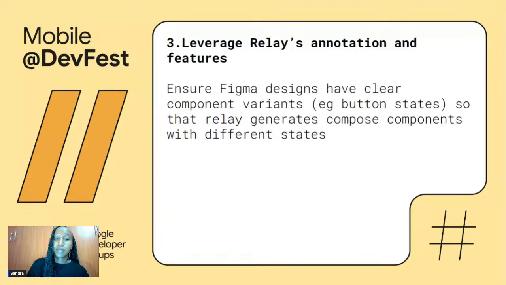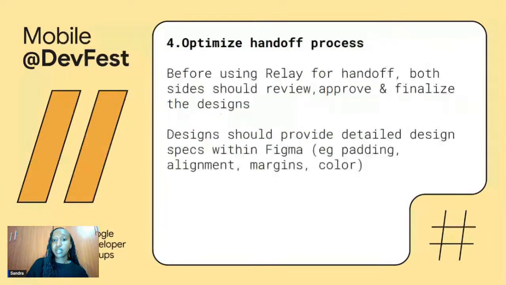And the fourth one is optimize handoff process. So before using Relay for handoff, both sides should review, approve, and finalize on the designs. Like before we import the designs to code, make sure the designs are approved by the design team and the developers approve of the code that have been generated, or if you've added more, there has to be that correlation.